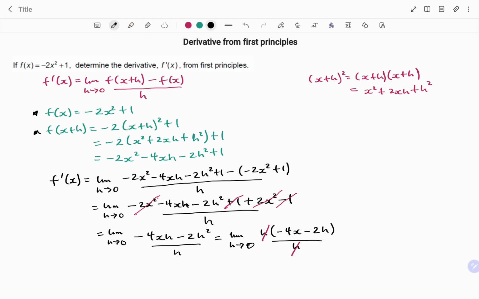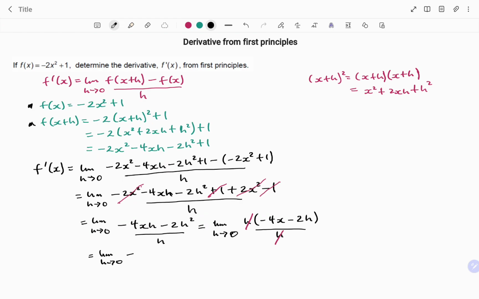So I'm left with the limit as h tends to 0 of minus 4x minus 2h. Note that as h tends to 0 for my limit, my minus 2h also tends to 0 because 0 times minus 2 will give you 0. So therefore, the derivative of my f of x, that's minus 2x squared plus 1, in form of f prime of x, will become minus 4x.